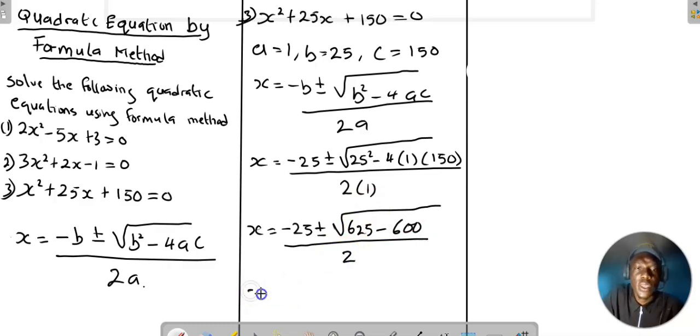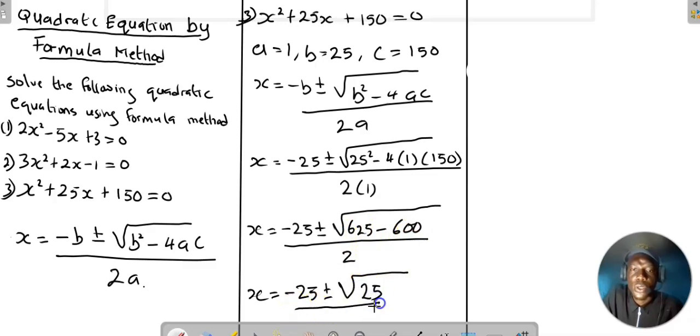So we have x is equal to minus 25 plus or minus the square root of 625 minus 600, that'll be 25, over 2.